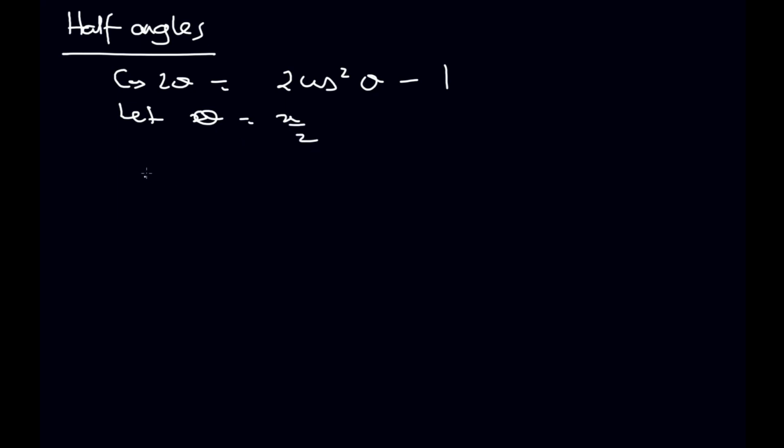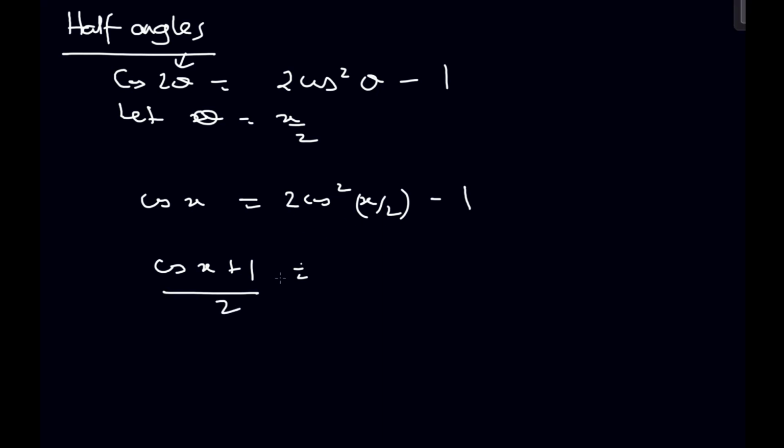If I put x here, I get cos x is equal to 2 cos squared x over 2 minus 1. I can take the 1 to the other side, it will be plus, so cos x plus 1. Then we divide by 2 and find the square root, because this is squared, to leave us with cos x over 2. This is the other half angle.